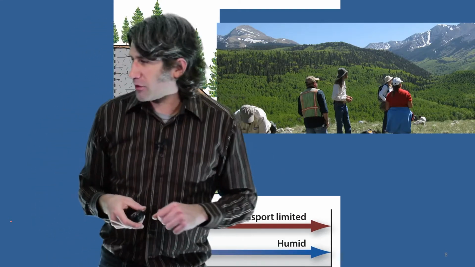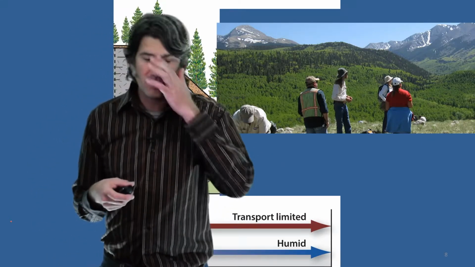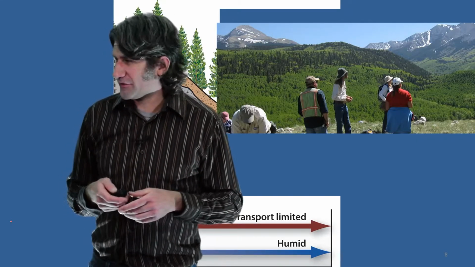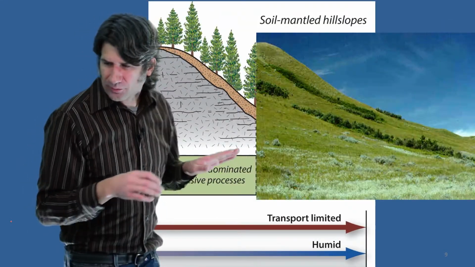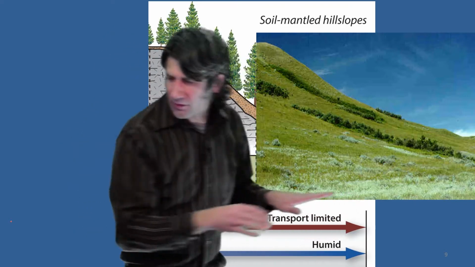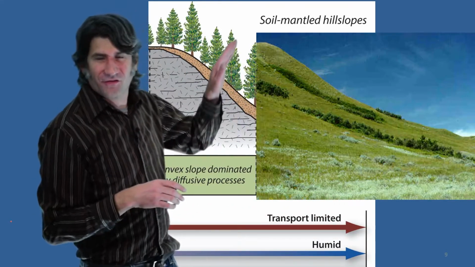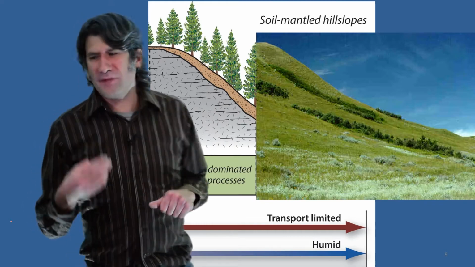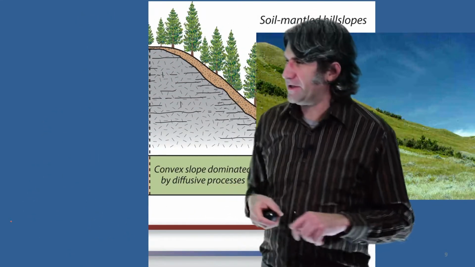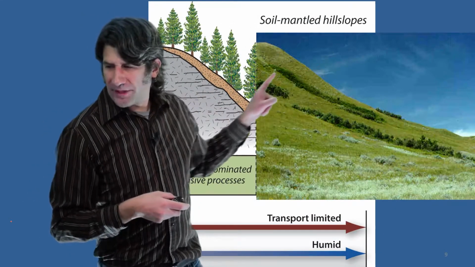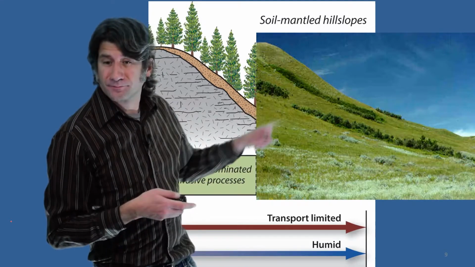These transport limited slopes we see generally in more humid climates. We also call these soil mantled slopes. So, soil mantled slopes, transport limited. Here, there's not a lot of bedrock sticking out on this hill slope, right?